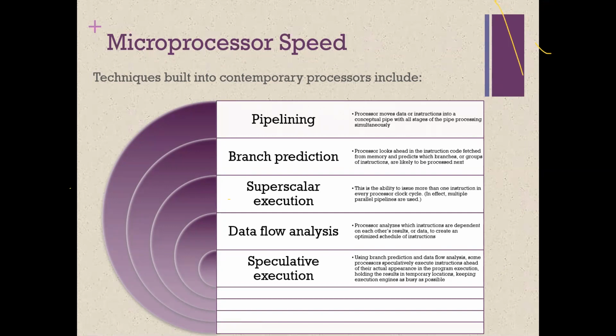So here, in a similar fashion, the key advantages derived from data flow analysis and branch prediction are enjoined to develop the speculative execution. Some processors speculatively would execute instructions ahead of time, or ahead of their actual appearance in the program execution. And then it holds the results in a temporal buffer or accumulator or register.